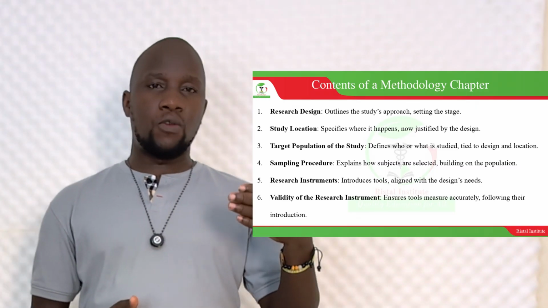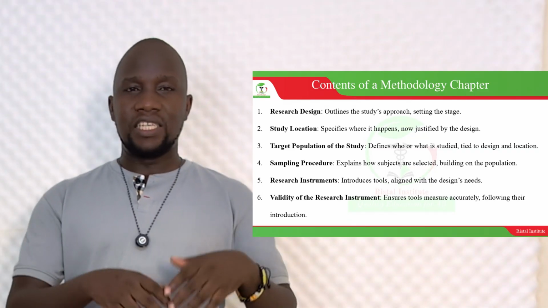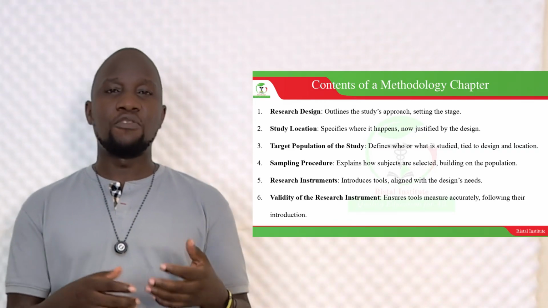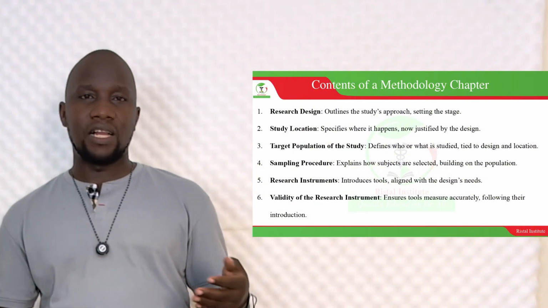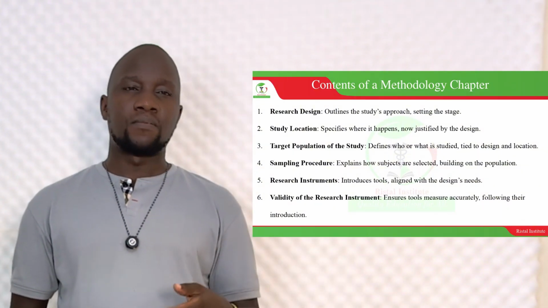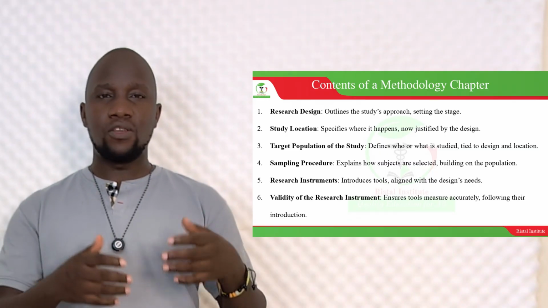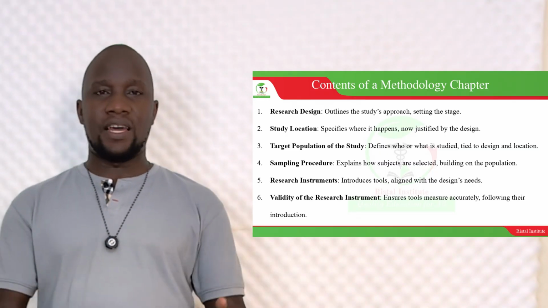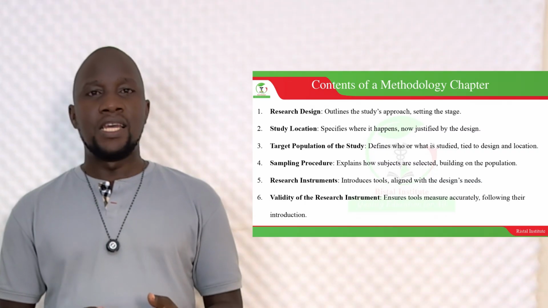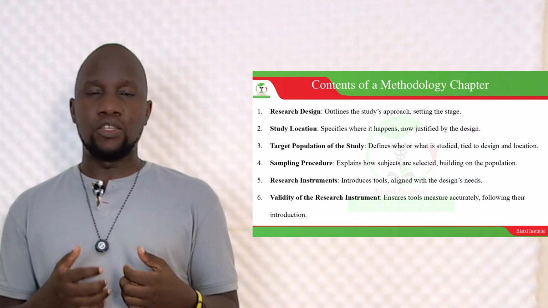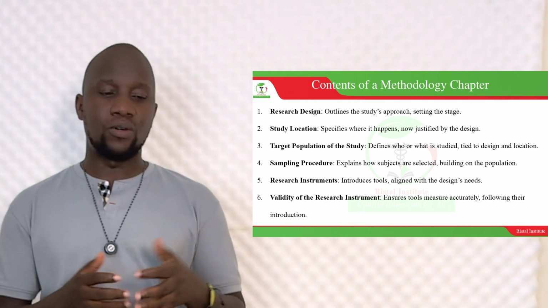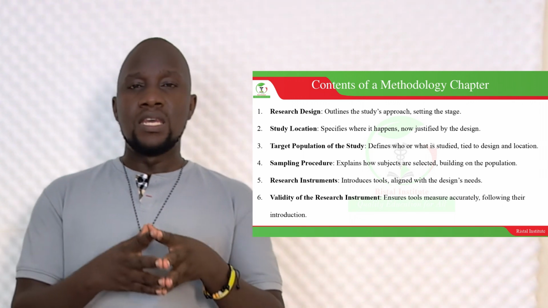Or if you're talking about a tool that is universally used and you modified it, can you tell us that, for example, "I adopted the pain scale tool because it is universally used and it is very easy to apply in these situations"? Okay, you give out the necessary details about the tools that you're going to use.